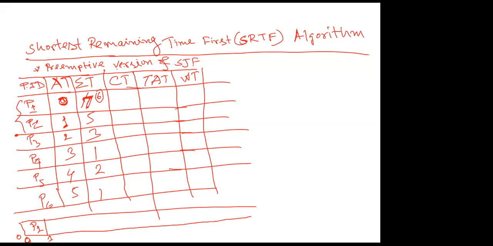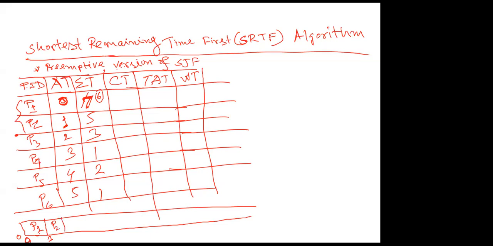It is a preemptive algorithm, so the CPU will stop the execution of P1, and the operating system will move it from the running state to the ready state. P2 gets the CPU because it needs the least burst time.